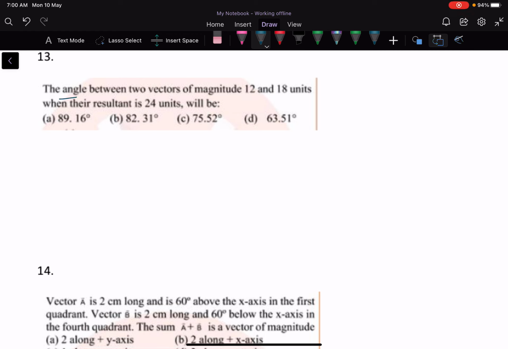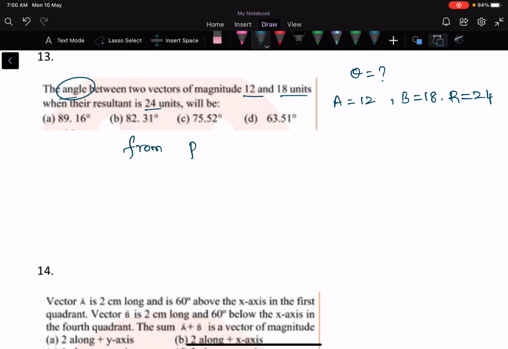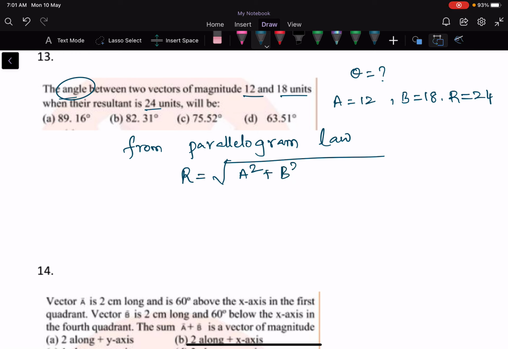The angle between two vectors of magnitude 12 and 18, when the resultant is 24 units, what is the angle? We need to find theta. A is equal to 12 units, B is equal to 18 units, and the resultant R is equal to 24. From the parallelogram law, the resultant of two vectors is R equal to the square root of A square plus B square plus 2AB cos theta.